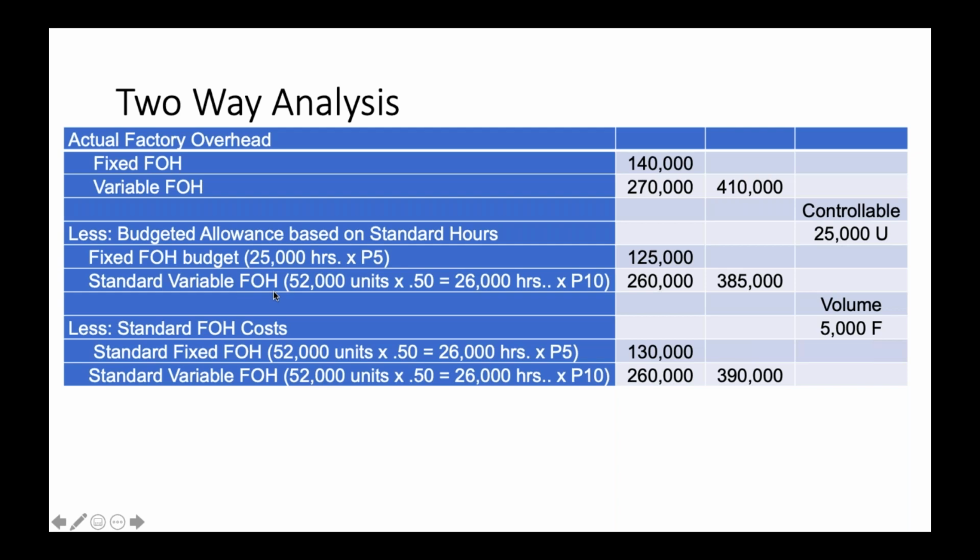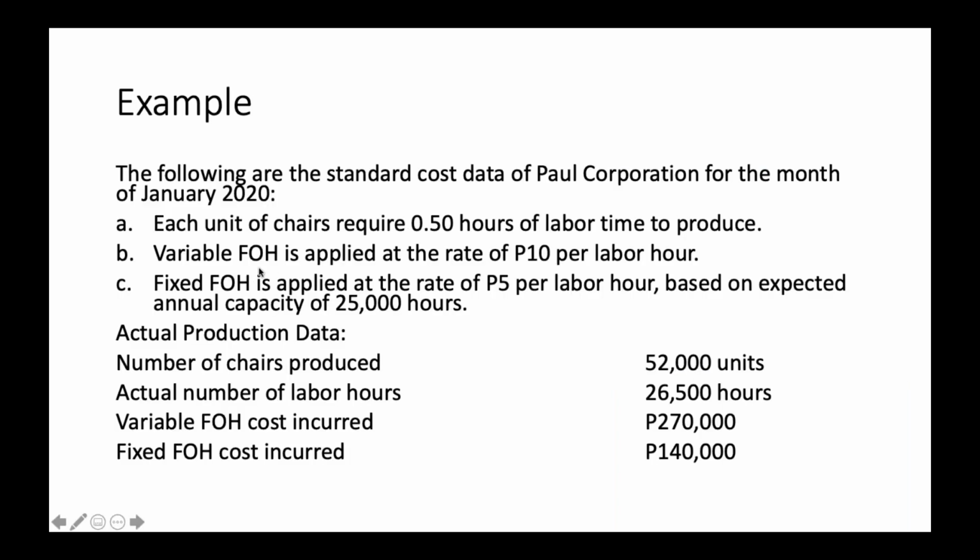And then the standard variable factory overhead is 52,000 units at 0.50 hours, or in short, 26,000 hours at 10 pesos. Let me just show you the standard variable factory overhead.